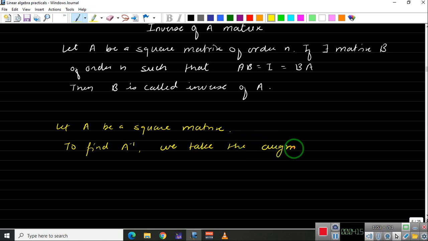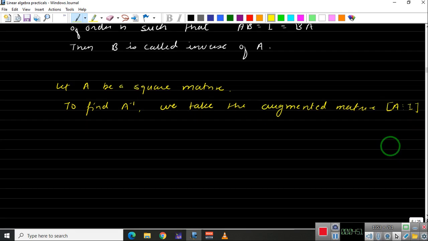Let me tell you what is augmented matrix. We take the augmented matrix as A I. We will take matrix A here, and I here, the identity matrix of the same order. Then we will apply row transformations on A and make this A an identity matrix, and the same operations will also be applied to I, and that will change to some other matrix, and that matrix is nothing but the inverse of A. Let me directly go for the example, that will make it clear.